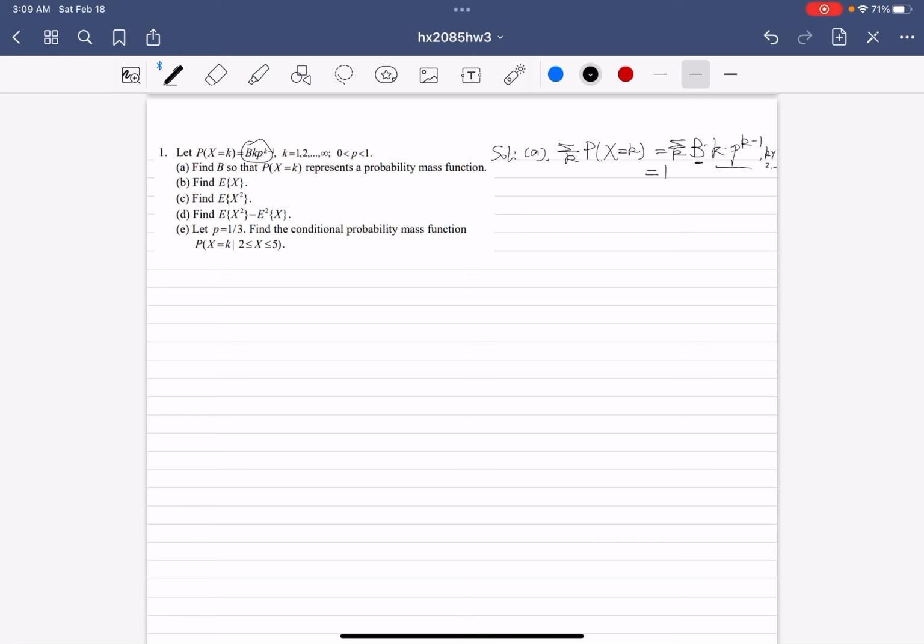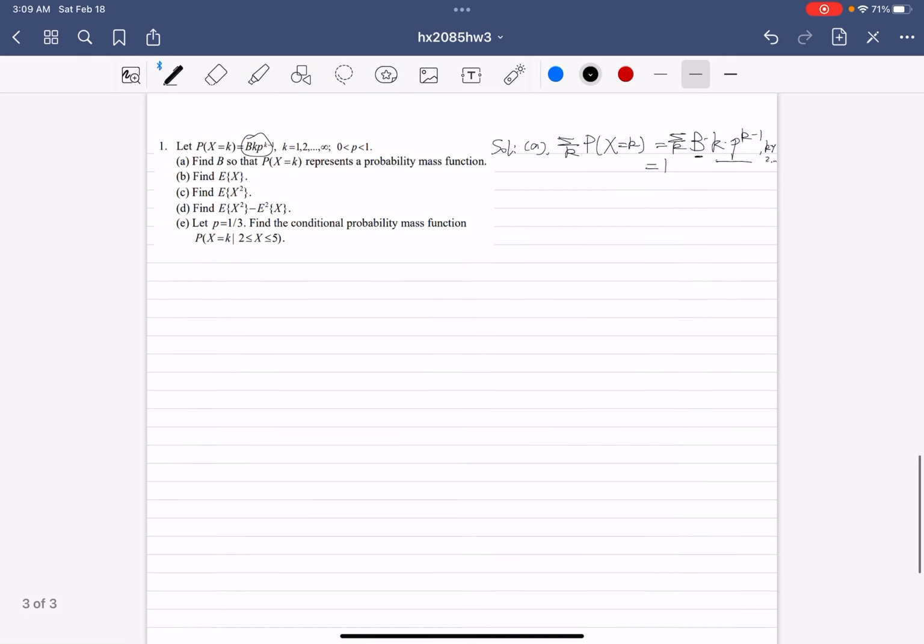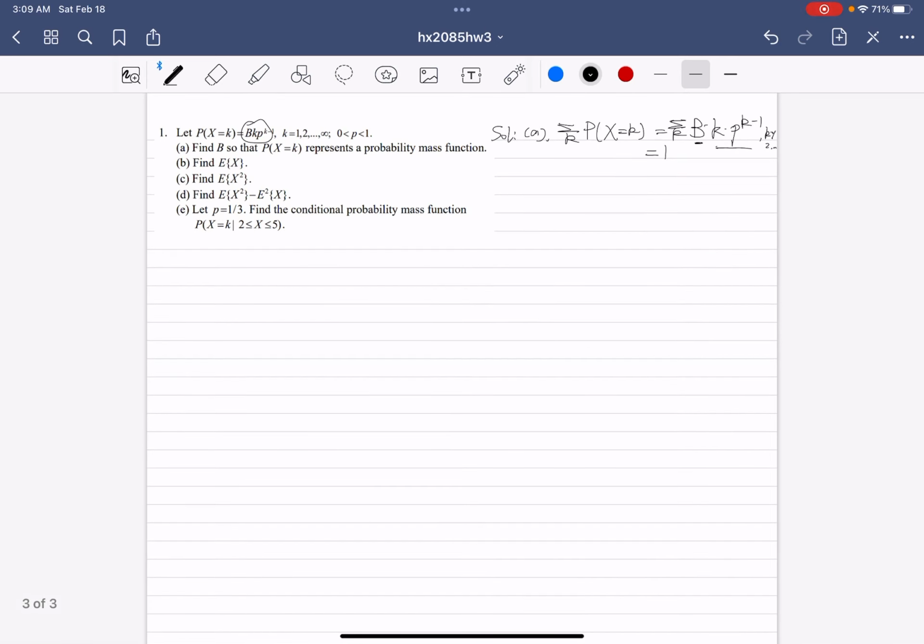And we can calculate the sum of k times p to k first. It equals 1 plus p squared plus continue all the way to infinity, which equals 1 divided by 1 minus p.